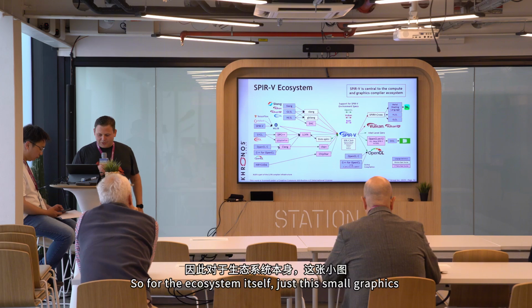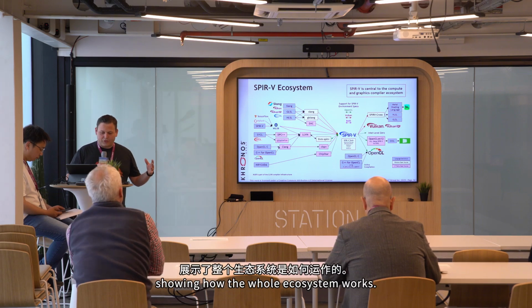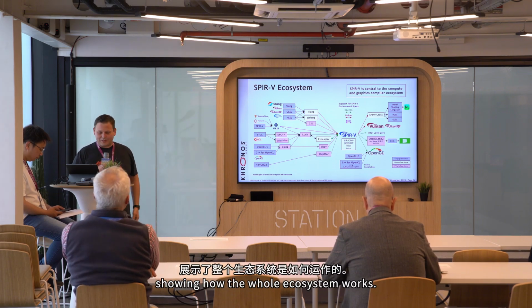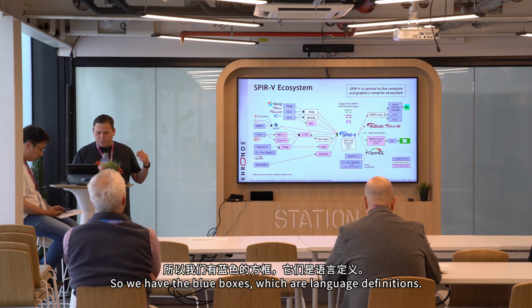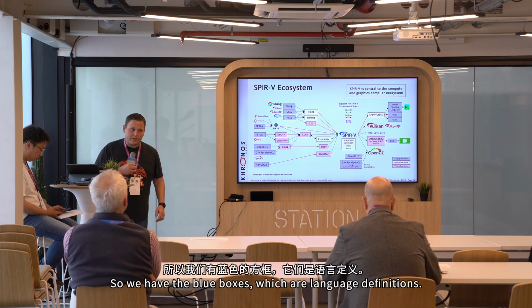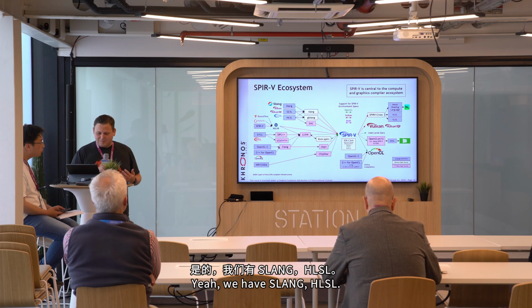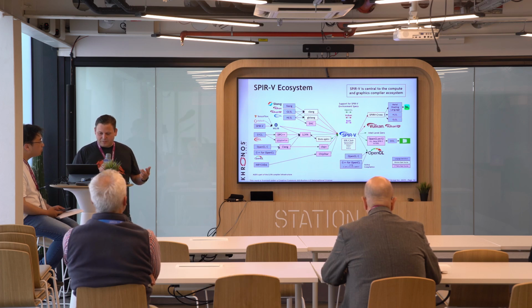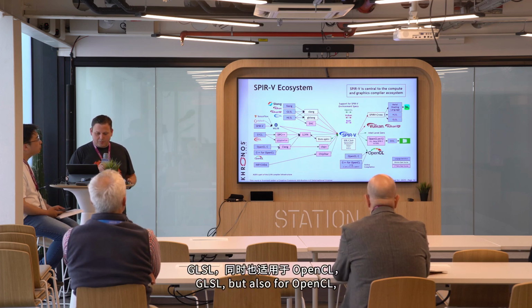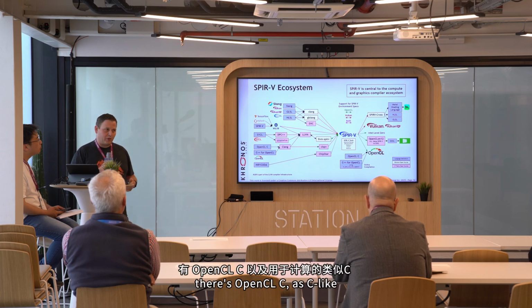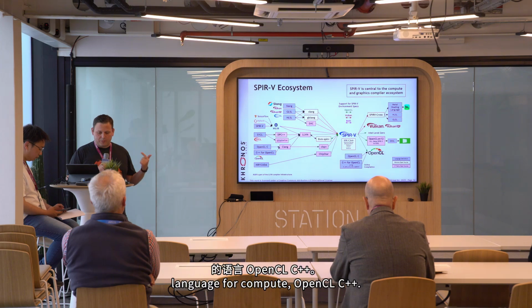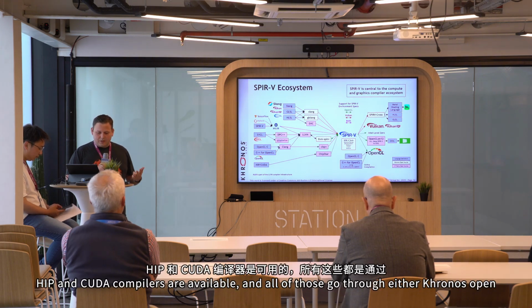So for the ecosystem itself, just a small graphic showing how the whole ecosystem works. We have the blue boxes, which are language definitions. We have Slang, HLSL, GLSL, but also for OpenCL, there's OpenCL C as a C-like language for compute, OpenCL C++, HIP and CUDA compilers are available.